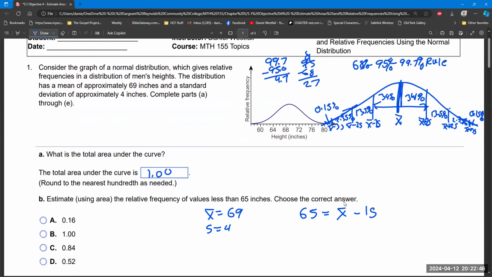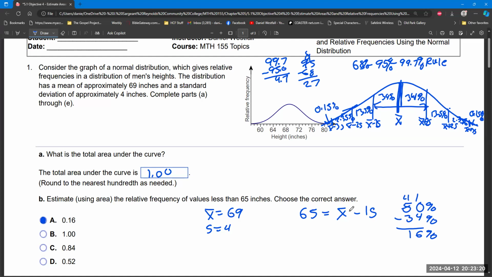And so the relative frequency or area probability represented here, the values that are less than this, I want the 50% that's to the left of the graph minus the 34% that is between 0 and 1 standard deviation to the left is going to be 16%, which is this.